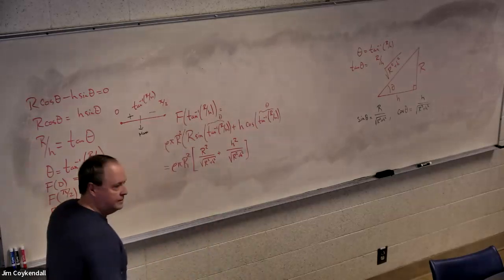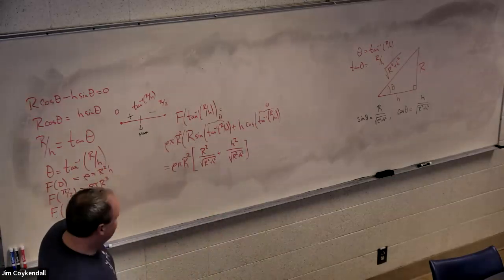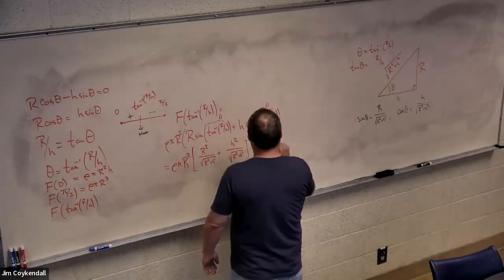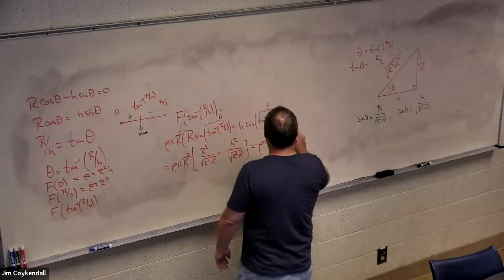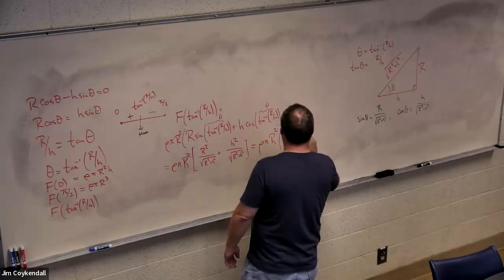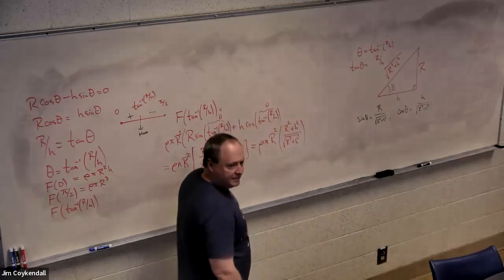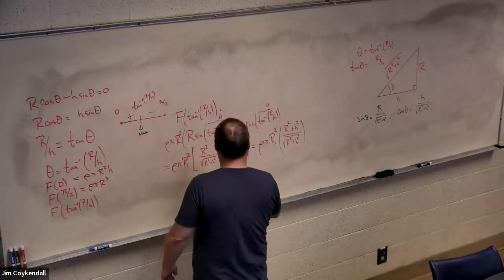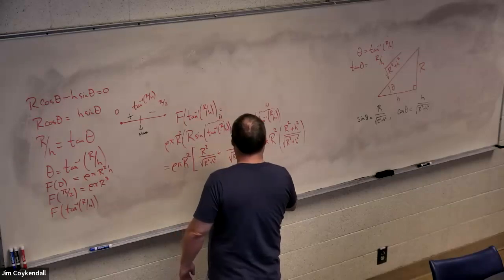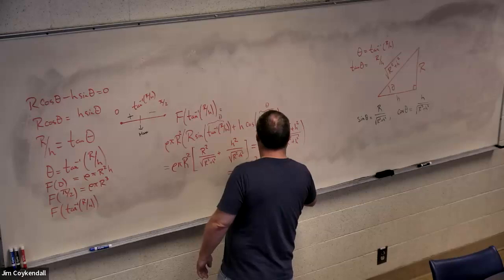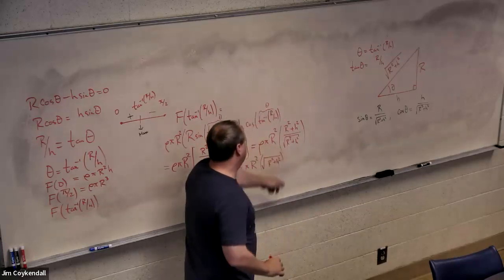And this is rho pi times r squared plus h squared over the square root of r squared plus h squared. So the missing piece there cancels out on this side.